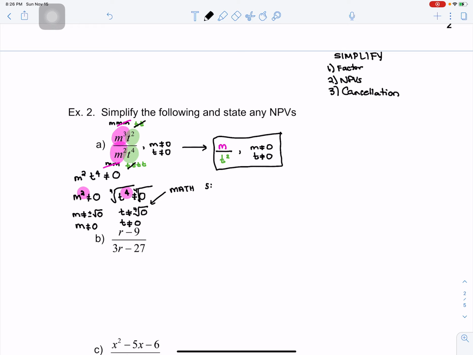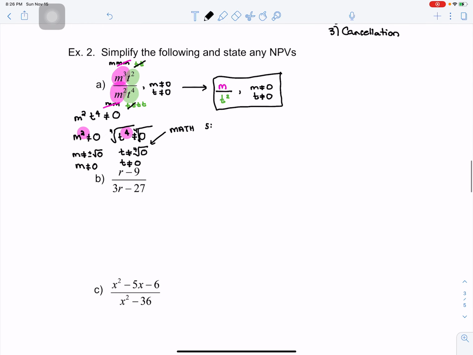Okay? In the next example, simplify and state the NPVs. So my first step is to factor. R minus 9. There's an R and there's a 9. This is a 1 and a 9. Nothing is in common other than a 1. Now on the bottom, I see a GCF. They're both divisible by 3. So my GCF is 3.